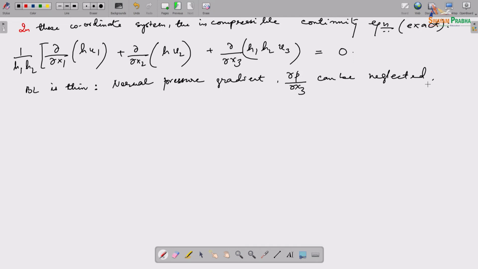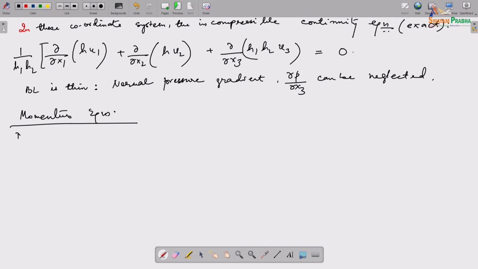So that is my continuity equation. Now, let us write up the momentum equations. So these are the momentum equations.